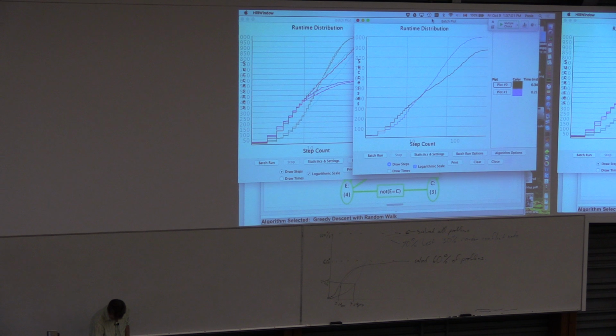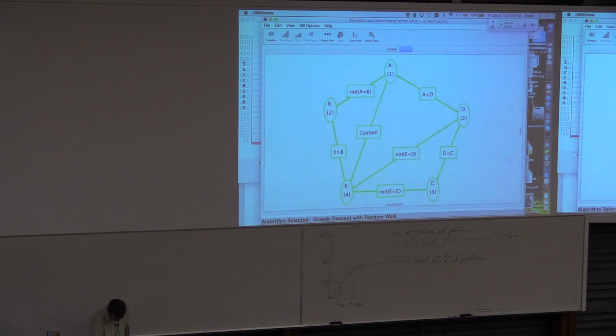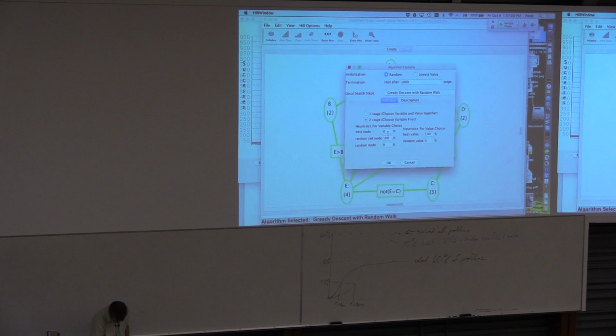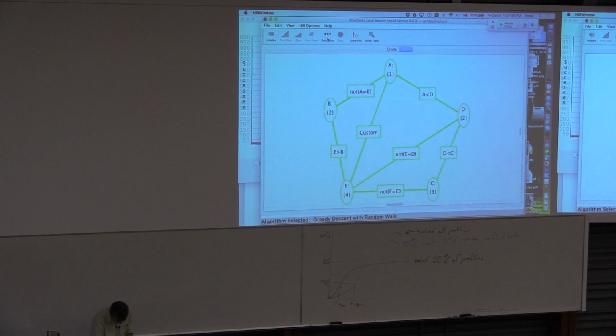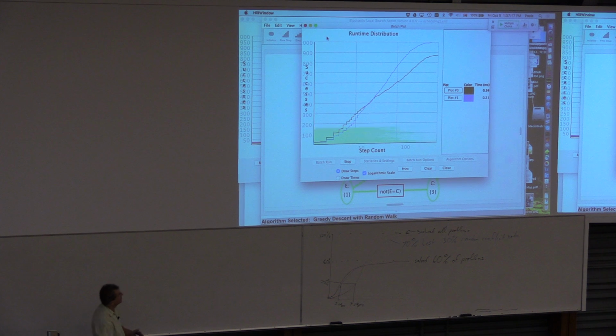And let's just do one more run of this one. Algorithm options, we'll do 70% best. Okay. And we'll do another batch run on this. And we'll find that it's pretty similar, except we can't read green again.